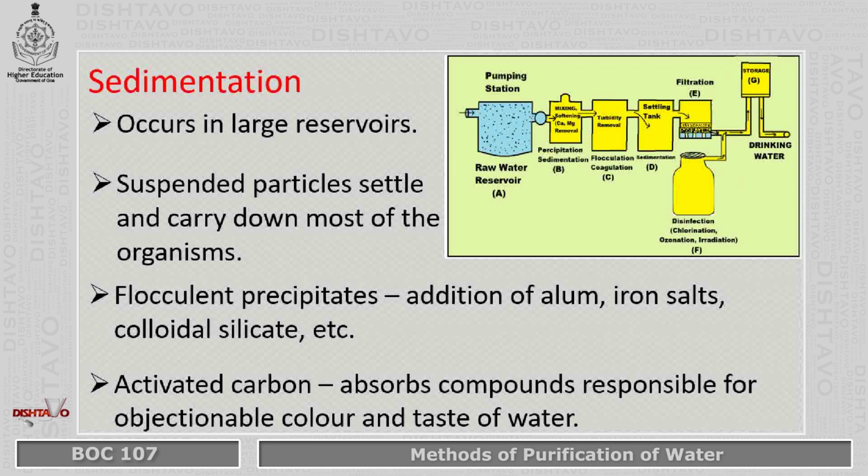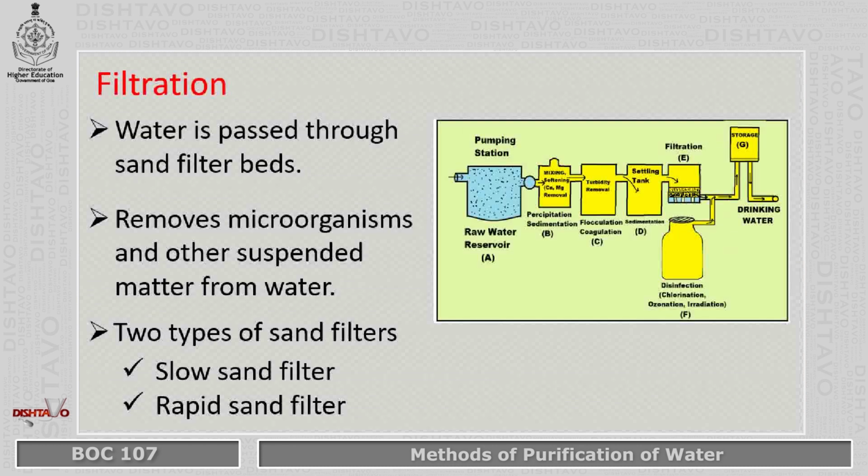In these coagulants, the microorganisms and other organic matter get entrapped, which rapidly settles down to the bottom. Sometimes activated carbon is also used in sedimentation tanks. This removes objectionable color and also enhances the taste of water or removes any other taste of water.